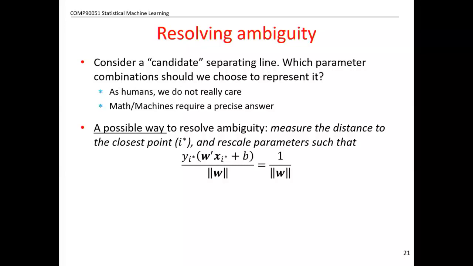So what we can do is arbitrarily set the numerator to be 1. That doesn't limit us in any way, but it means that there's now going to be a unique W and B for every boundary. Another way to motivate what I'm doing, which I haven't said in the slides, is that I'm introducing the constraint that we're not making any mistakes. It's related to that. Okay.